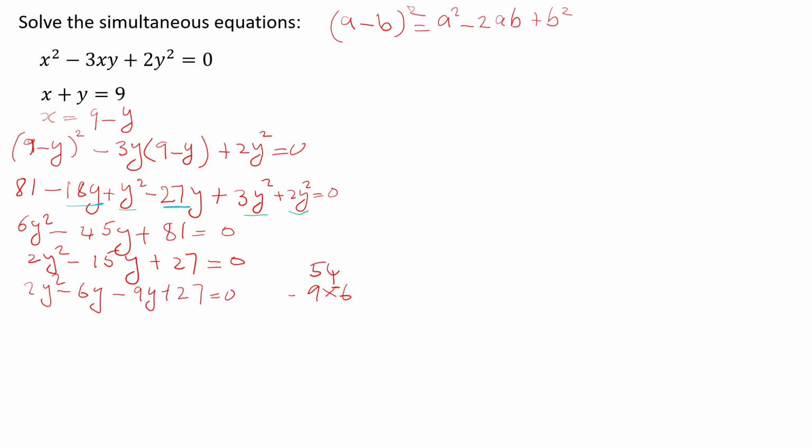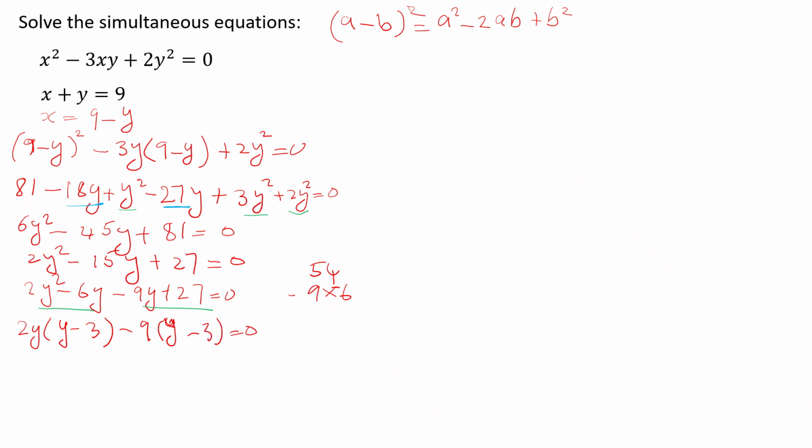Factorize these: 2y times (y minus 3) minus 9 times (y minus 3) equals 0.